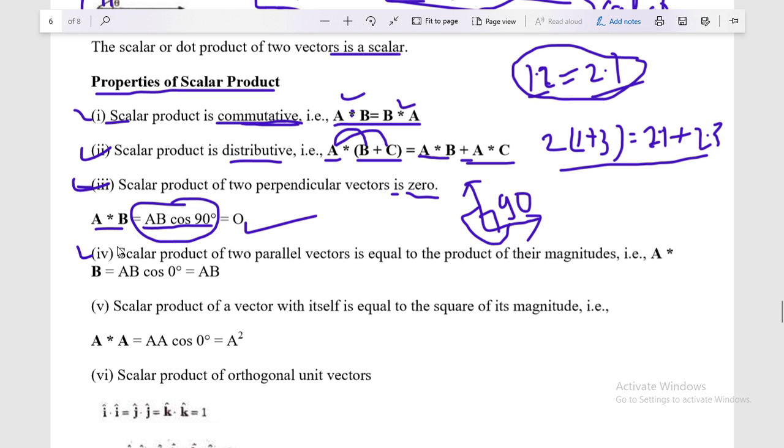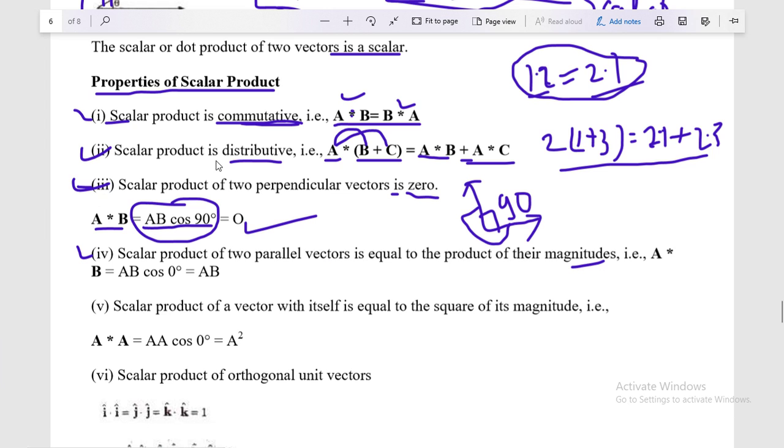This says the scalar product of two parallel vectors is equal to the product of their magnitudes. I hope you understand the statement. Let me repeat it. The scalar product of two parallel vectors is equal to the product of their magnitudes.